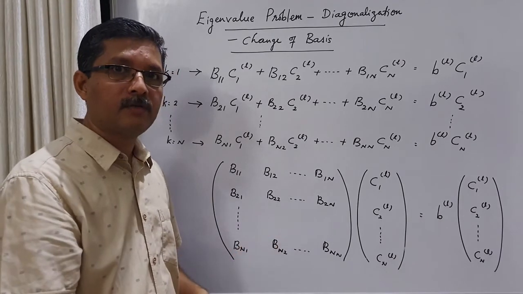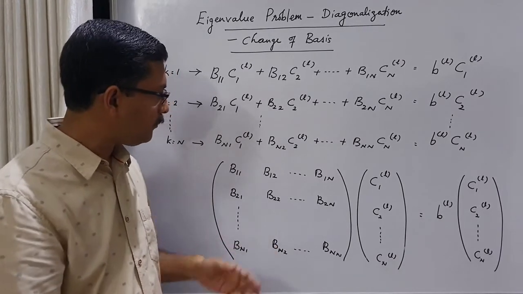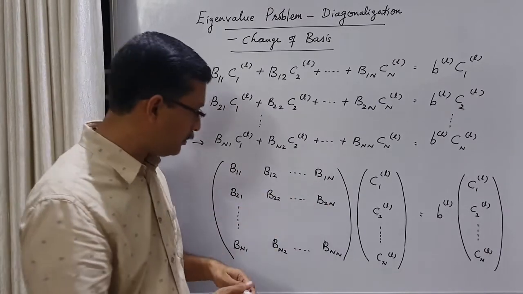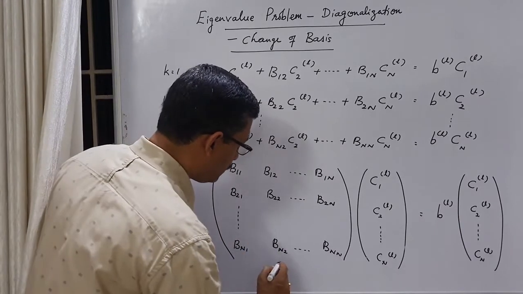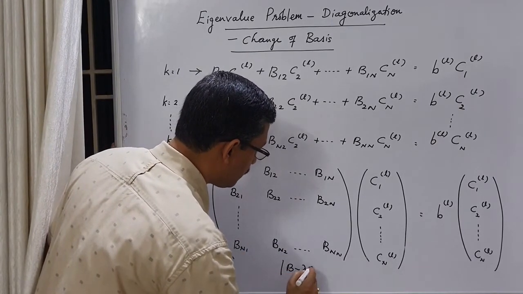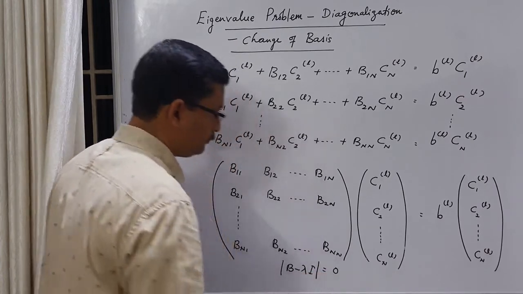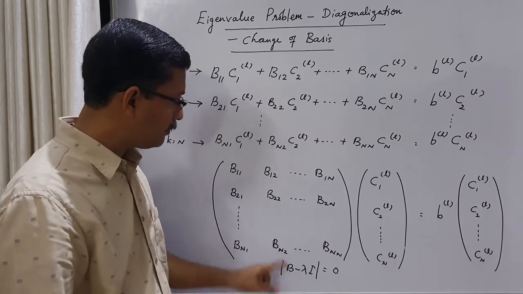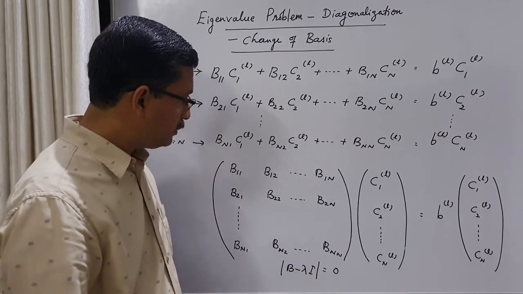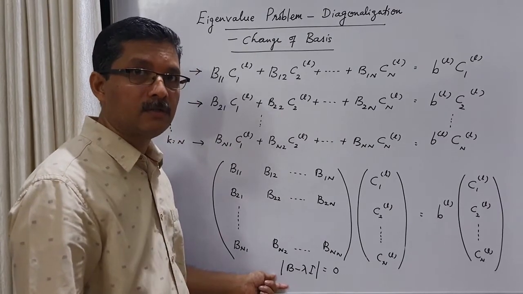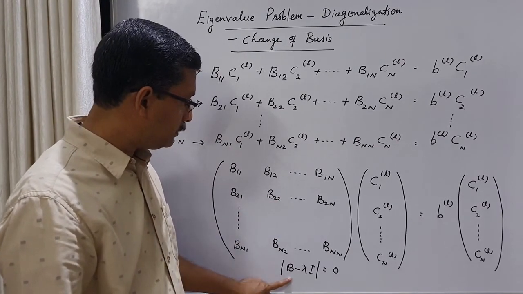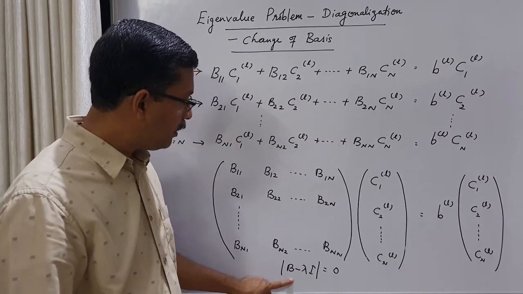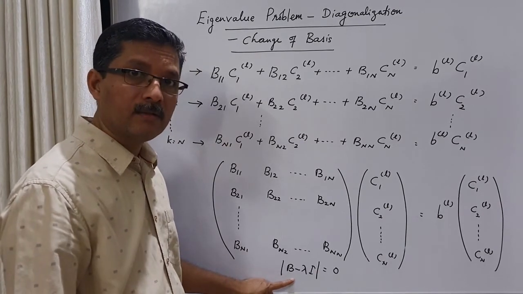How do we find the eigenvalues and eigenvectors of a matrix? The non-trivial solutions of this matrix eigenvalue equation are possible only if the determinant of B minus lambda I is equal to 0, where B is the matrix of the operator B. This is the condition for the non-trivial solutions, and this is an nth order polynomial, which has n roots.